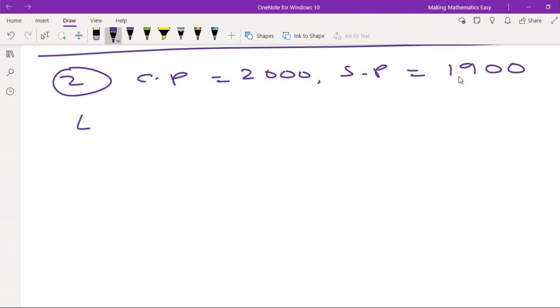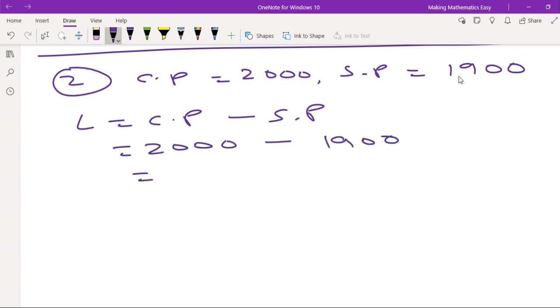So we first need to find out loss, which is equal to cost price minus selling price, which is 2000 cost price minus 1900 selling price, which is equal to 100 rupees. Now we have a loss of 100 rupees in this case.